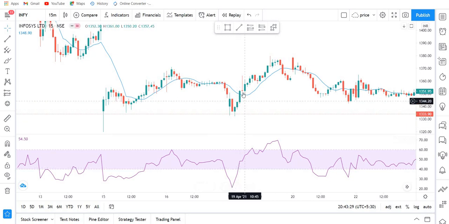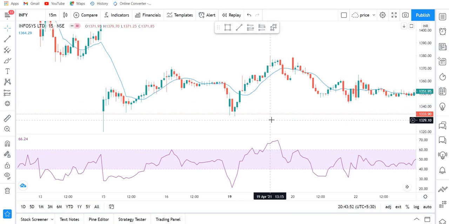So we will be entering the trade on this candle, and the opening of this candle was 1352 and the high made was somewhere here. But our target was achieved here as RSI has touched the top of the 60. So we have gained another 13-14 points.